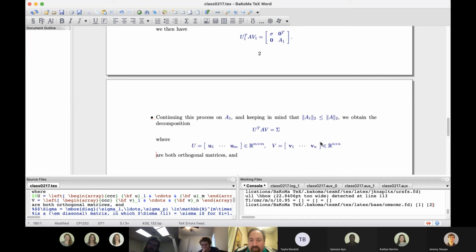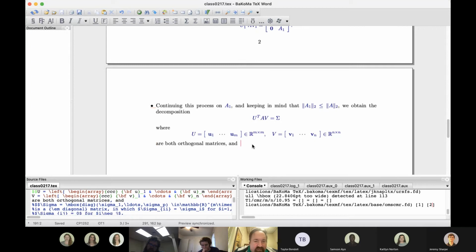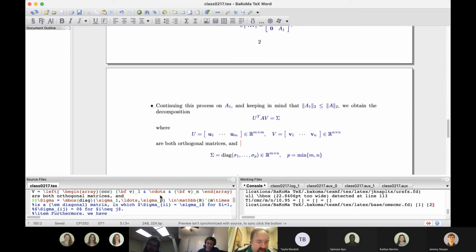U is m by m, V is n by n. So A is not necessarily a square matrix, it's some m by n matrix, any size. Sigma is a diagonal matrix with values sigma 1, sigma 2, etc., all along a diagonal. And however many you have is the minimum of m and n, basically whatever will fit in the matrix.